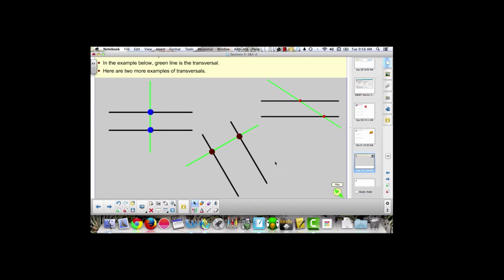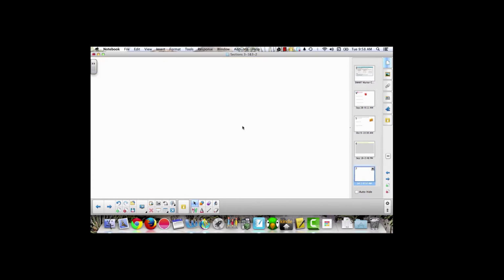Also, it appears that our two lines are parallel in each of these cases. That does not have to be the case. A transversal can intersect two or more lines, and those lines do not have to be parallel to each other. I will draw another example here of a system of lines and a transversal.